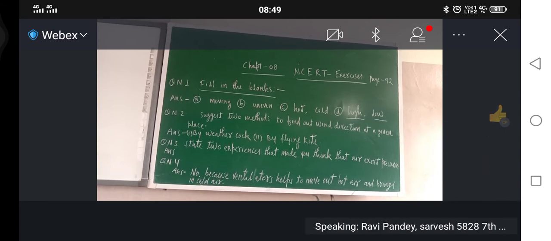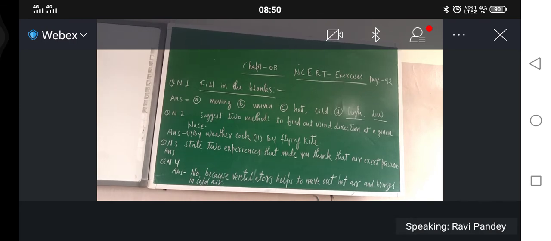Okay. So question number 4 says, you want to buy a house, but the house does not have a ventilator. Do you want to buy that house? No, I don't want to buy the house because ventilators help to move out hot air and bring in cold air. Just see, in all the houses, small ventilators are made.